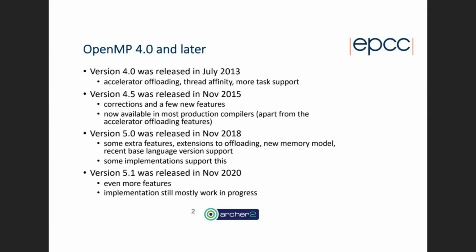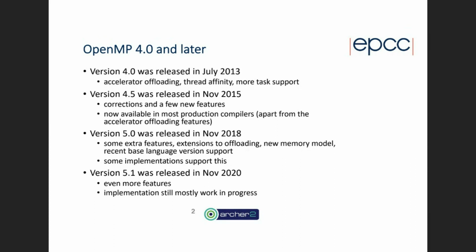Version 5 came out in 2018. It has a bunch of extra features, some extensions and reworking of some of the offloading stuff, the new memory model, and basically an upgrade to the base language version support. OpenMP now supports reasonably up-to-date versions of Fortran, C and C++, which it was kind of lacking up until version 5.